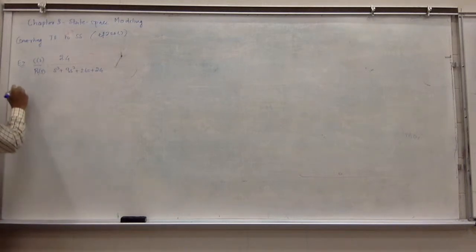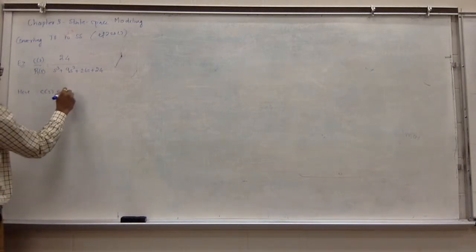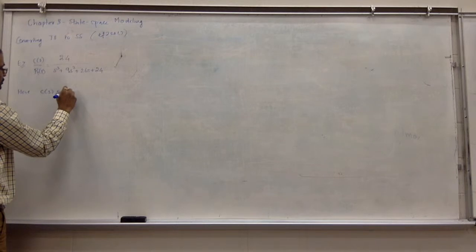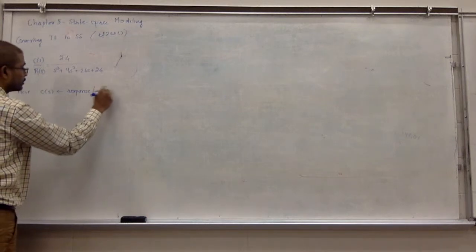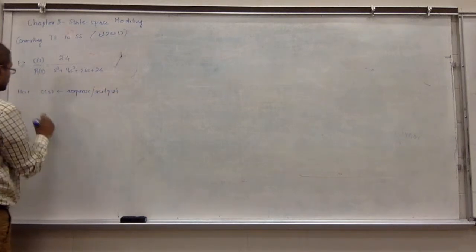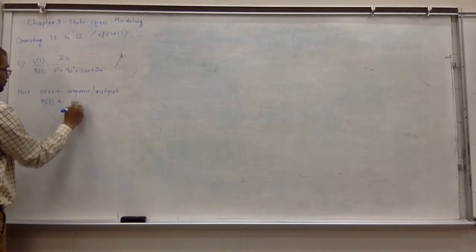So here, when I write this, you have to understand, C of S is the response or output. Transfer function is the ratio of output to input. R of S is the input.